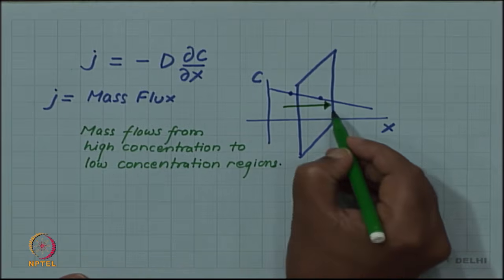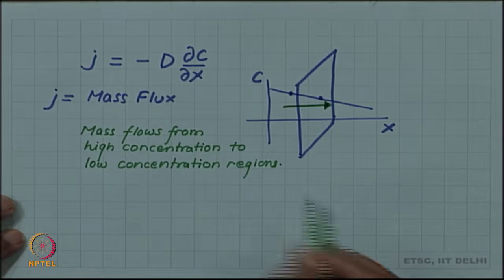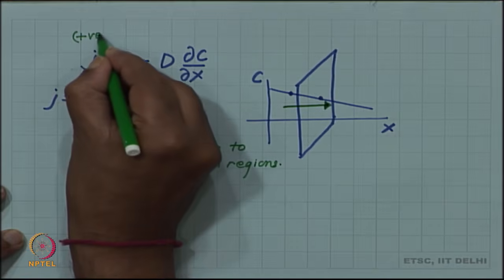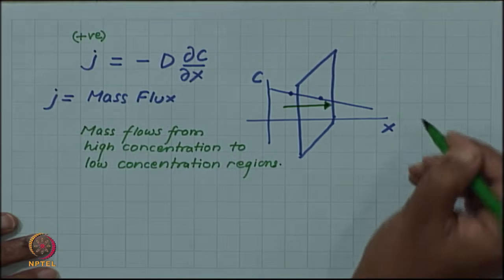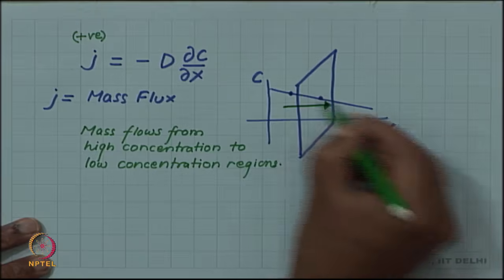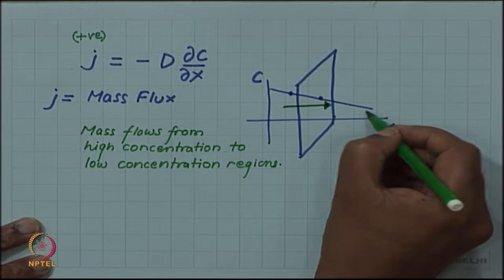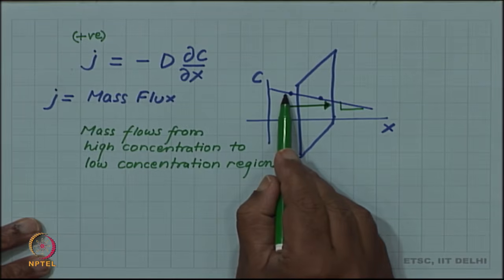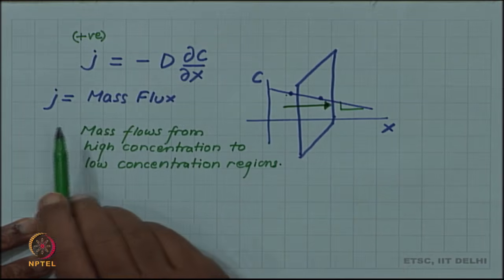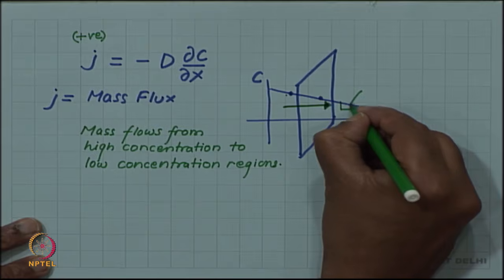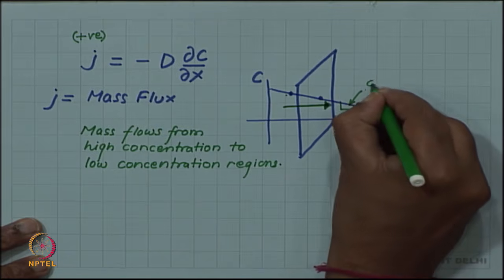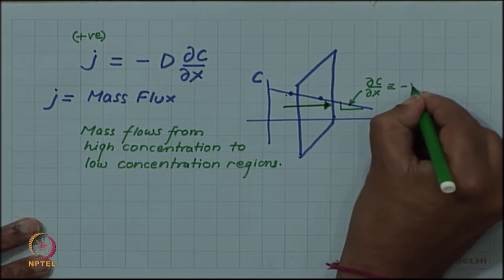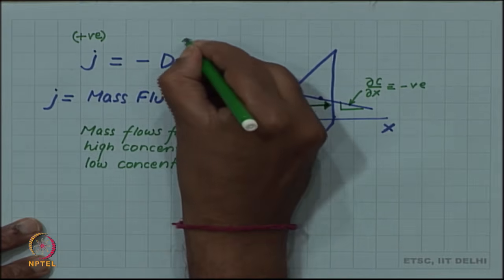But if J is positive, then for del C by del x, the concentration gradient, we have a higher concentration on the left hand side and a lower concentration on the right hand side. So, this gradient del C by del x is negative.